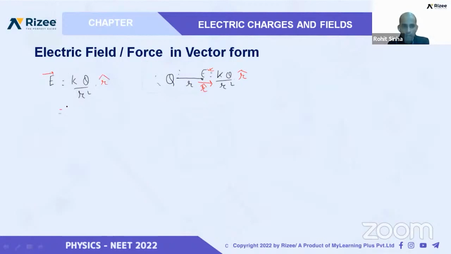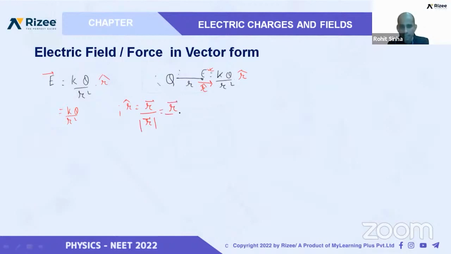And we also know that the unit vector is equal to r vector by the magnitude of the r vector. You know this from the class 11th vector chapter.